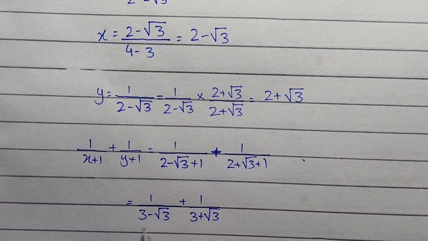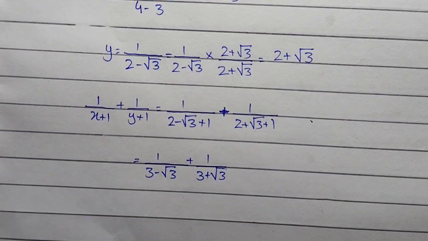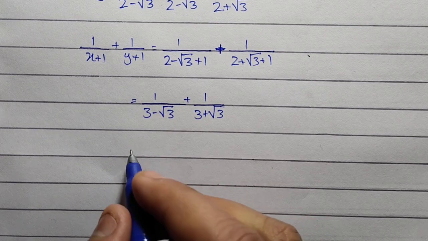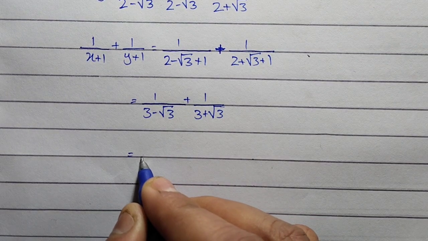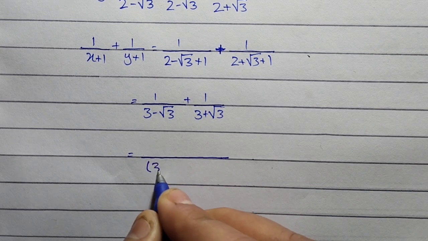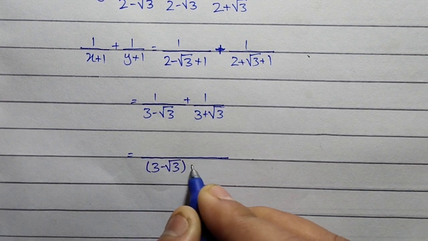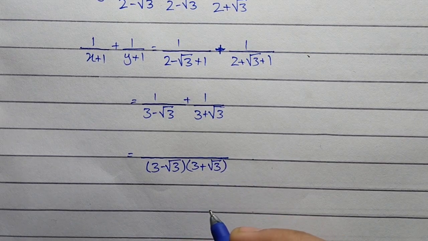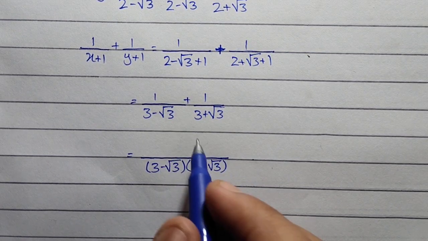Now we will solve this expression. This can be solved by taking the LCM, which is 3 minus root 3 and 3 plus root 3. Now we will solve this.